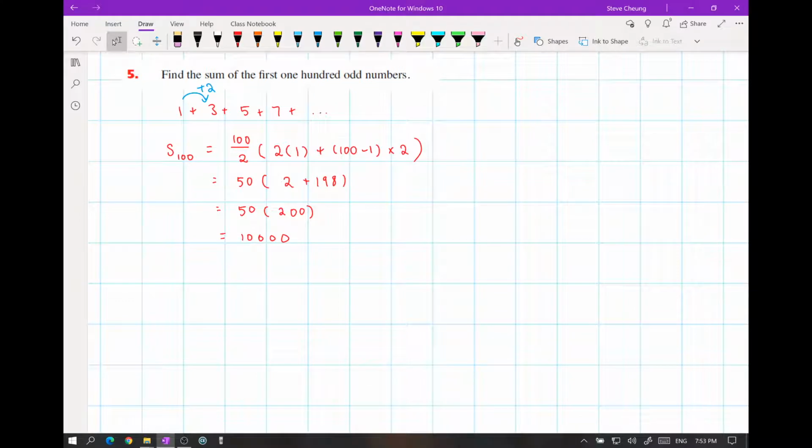But if you do actually get to 199, then if you know that this ends at 199, you can use the first and last term formula, which is this. So only for the more adventurous ones who can easily figure out what the 100th odd number is.